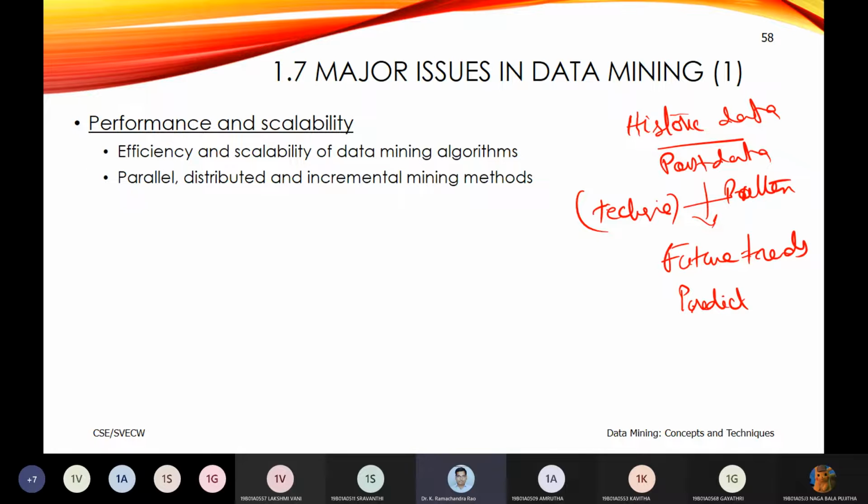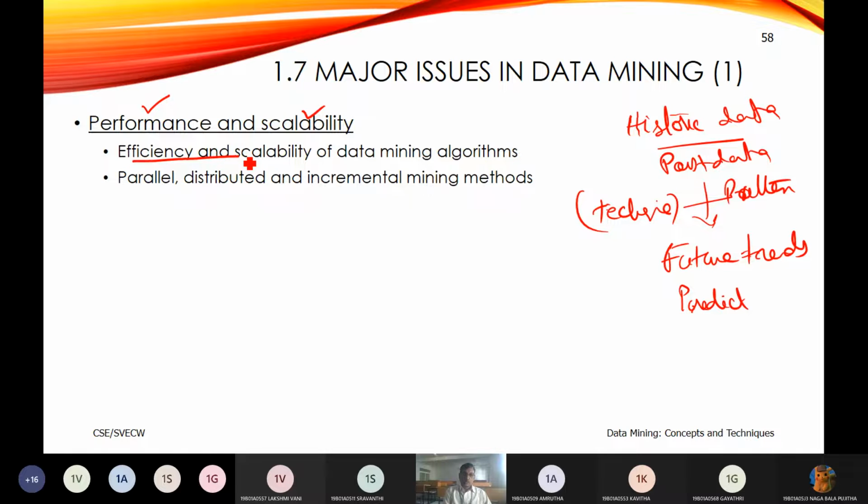Now while doing all these three things, we will go with performance and we will look at scalability. One, we are going to look at the performance. Two, we are going to look at the primitives towards scalability.